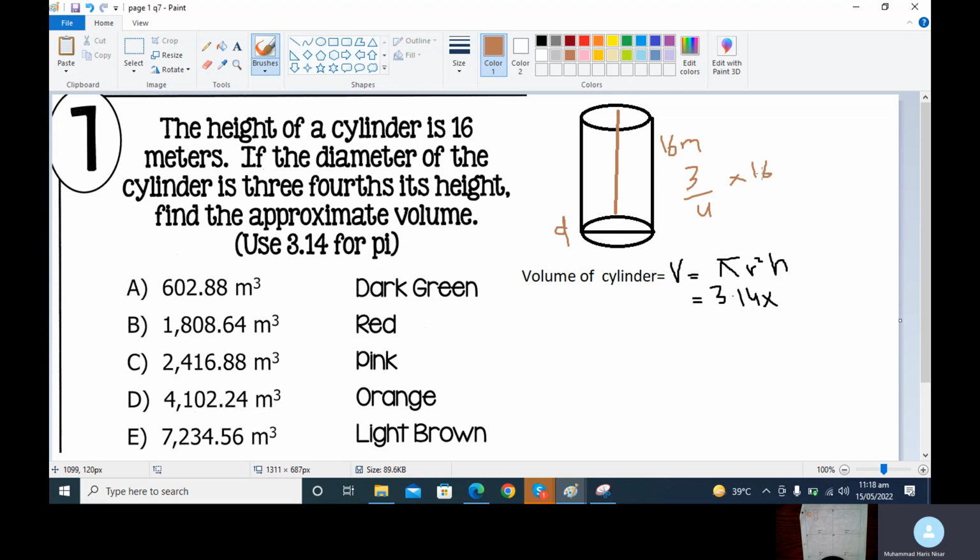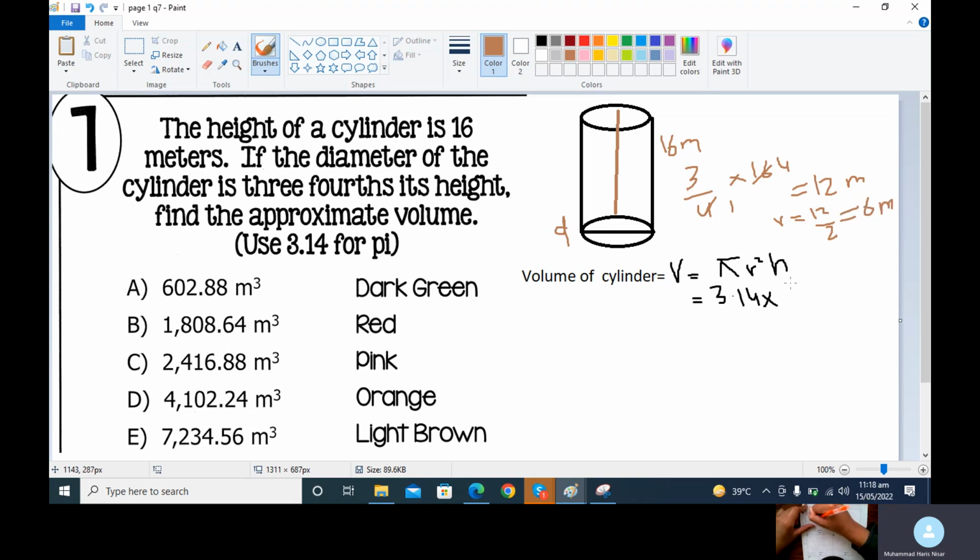So 3/4 of the height, simplified: 4 ones are 4, 4 fours are 16, 4 threes are 12. So 12 is basically the diameter, 12 meters. If 12 meters is the diameter, then the radius will obviously be 12 by 2, isn't it? 12 by 2 is equal to 6 meters, it is the radius.